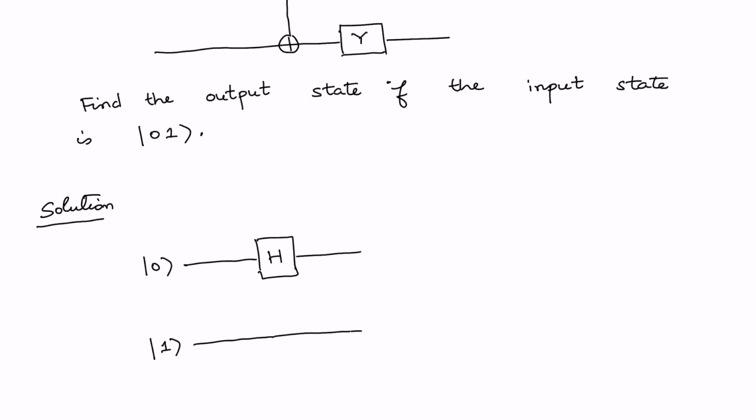The first qubit is going to encounter the Hadamard gate, and as a result at the output, because the Hadamard gate converts |0> to an equal superposition of |0> and |1>. So this is going to be the output at the Hadamard gate, and the second line is not encountering anything as yet. Then it is going to encounter the CNOT gate, and in the CNOT gate what we are having is this.